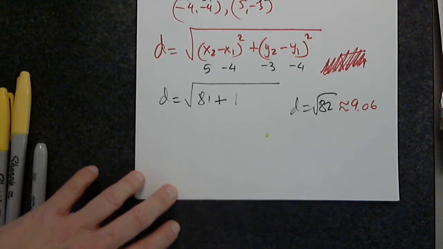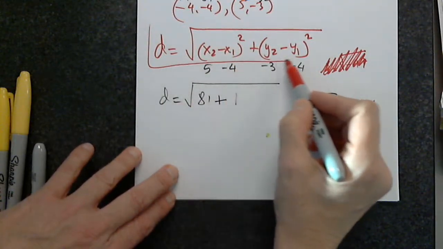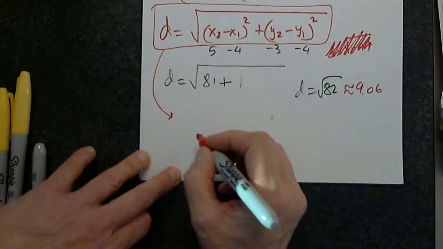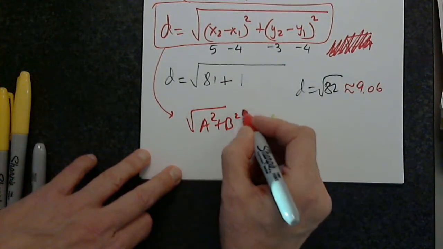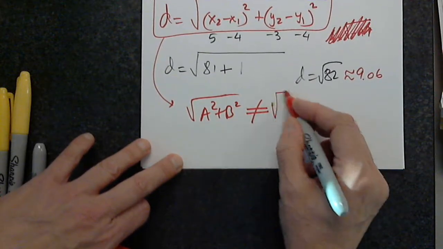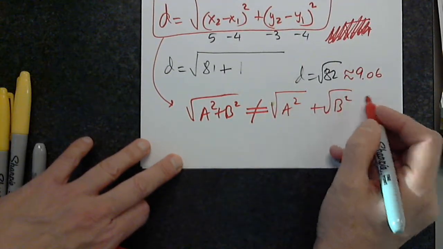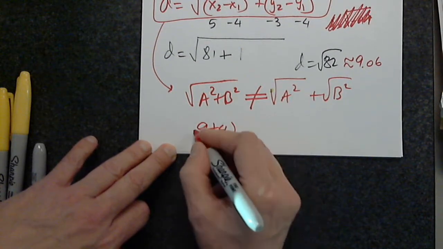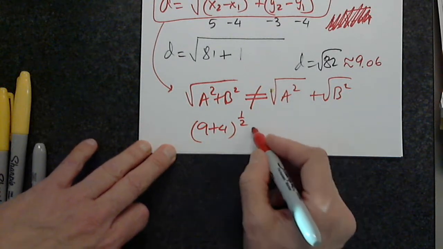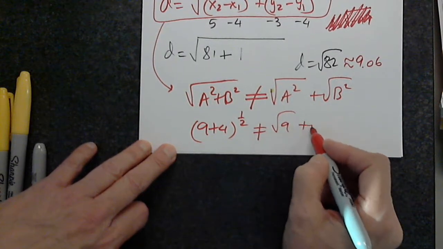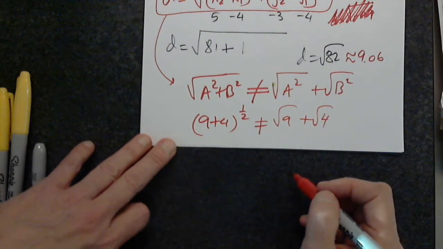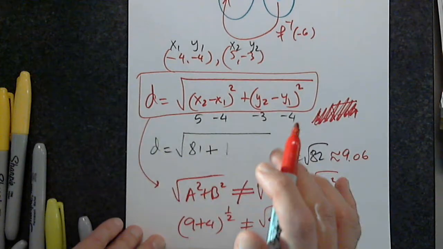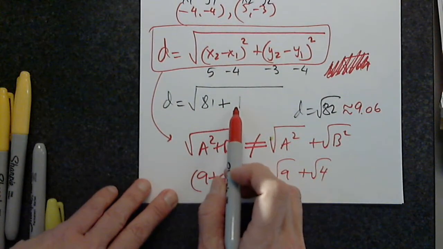Okay, so if you remember when we looked at this formula for the distance, we said that the square root of a squared plus b squared can never be changed into the square root of a squared plus the square root of b squared. That's not possible. Because this means, for example, let's say 9 plus 4 is to power 1/2. We cannot split this into the square root of 9 plus the square root of 4. So that's why we don't simplify this. No one can simplify this, for the same reason why we cannot separate 81 plus 1.